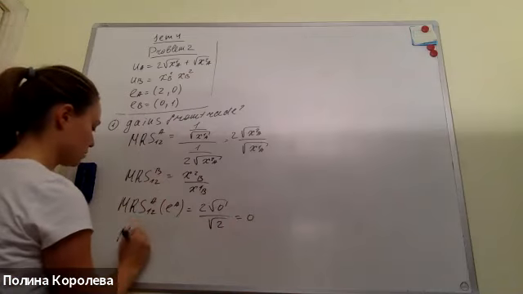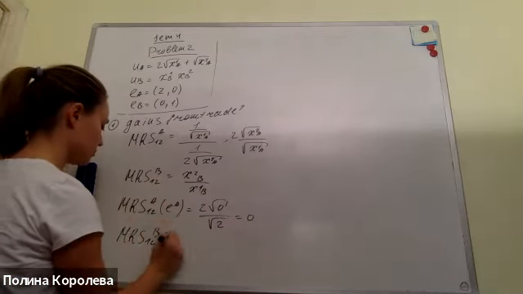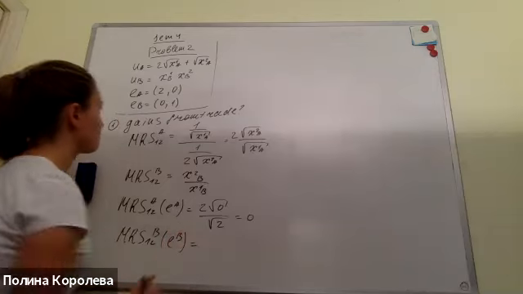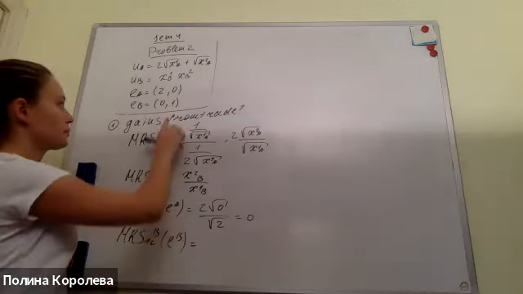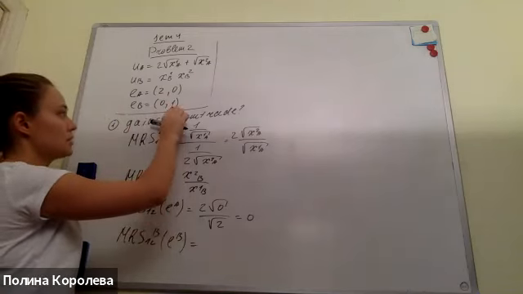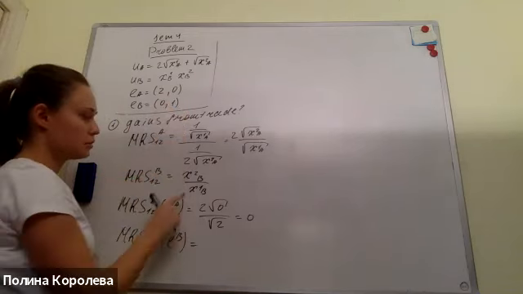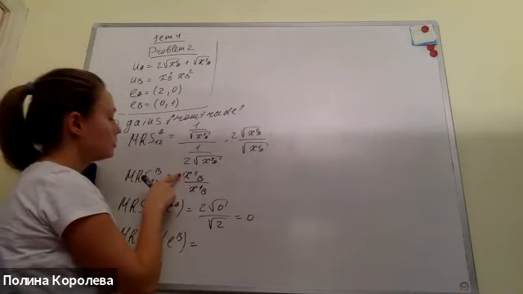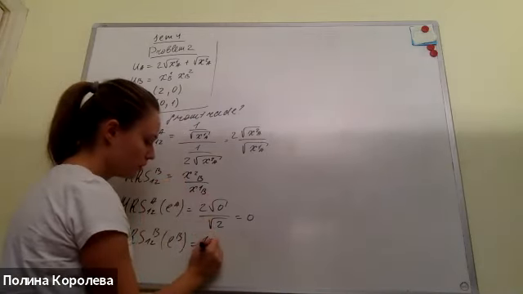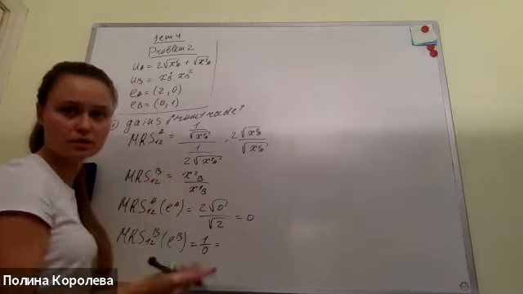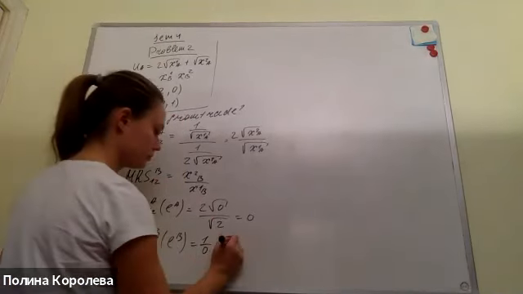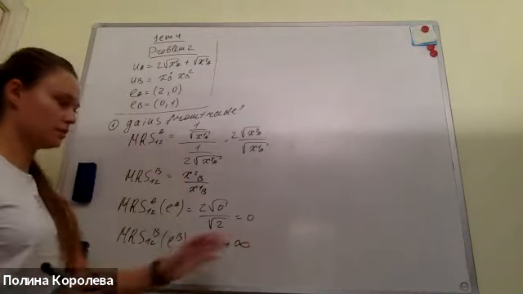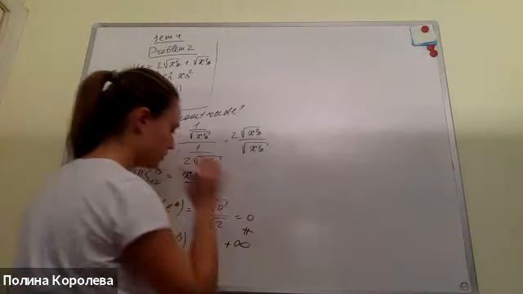And the marginal rate of substitution for individual B at the initial point: 1 unit of the second good and 0 units of the first good. 1 divided by 0, it's infinity. So we see that slopes are not equal at this point.